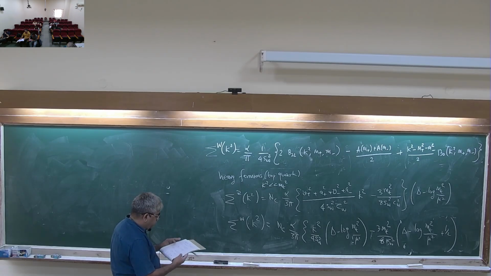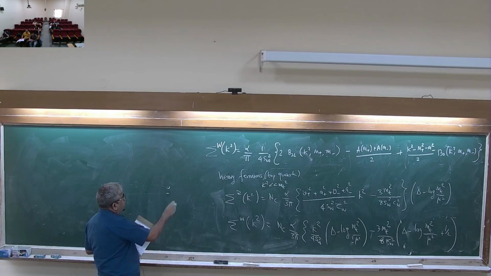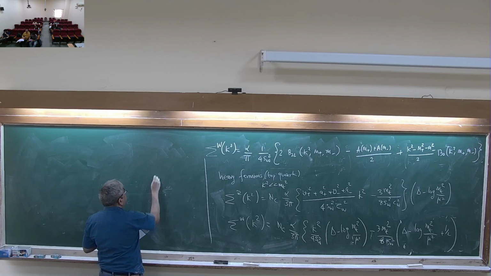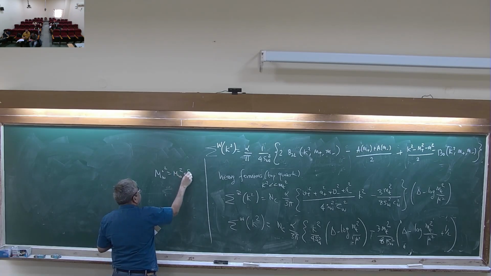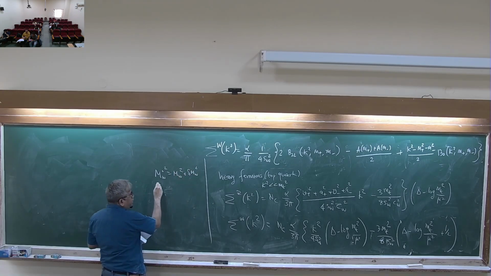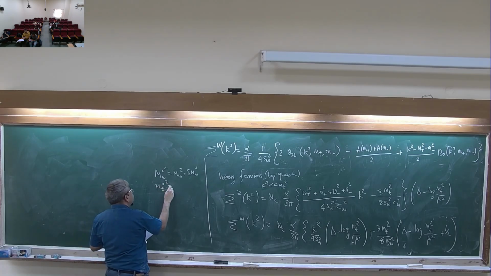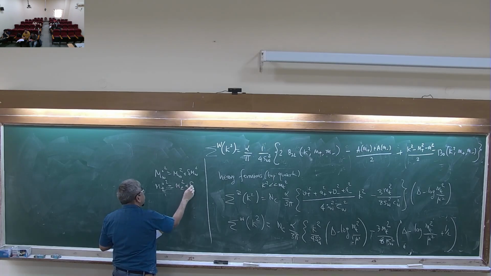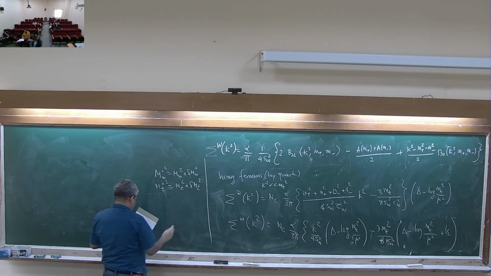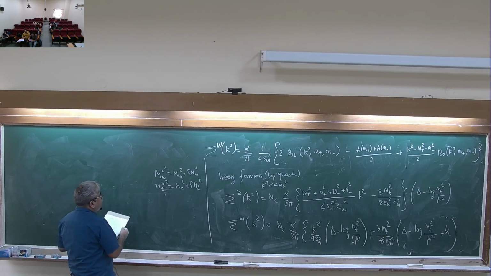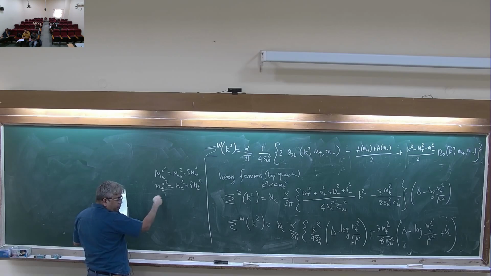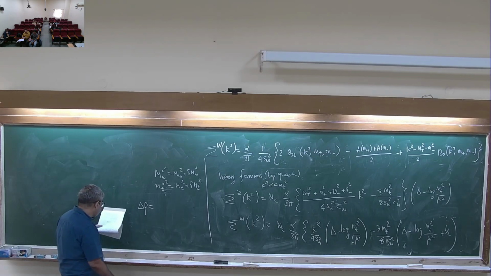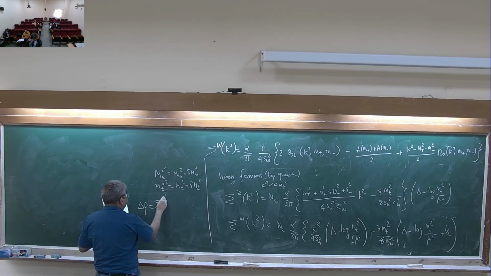So what turns out is that I defined mw0 square is equal to mw square and so on, essentially. In this notation, finally, when you put all that into the definition of delta rho, it will just become sigma zz at 0.